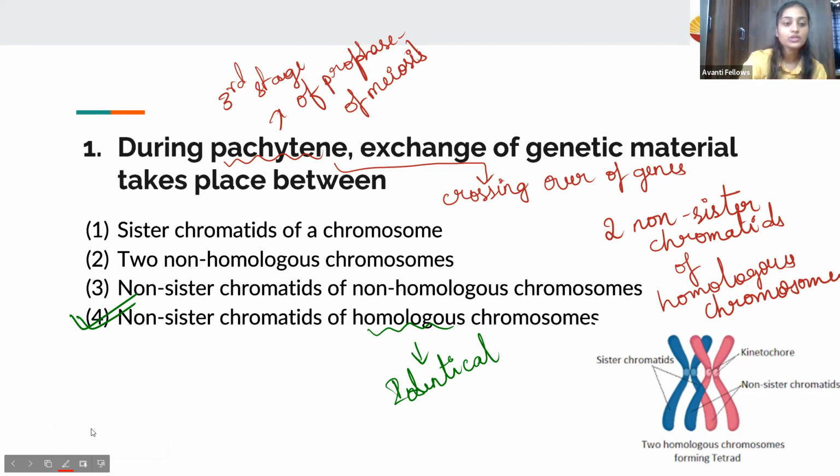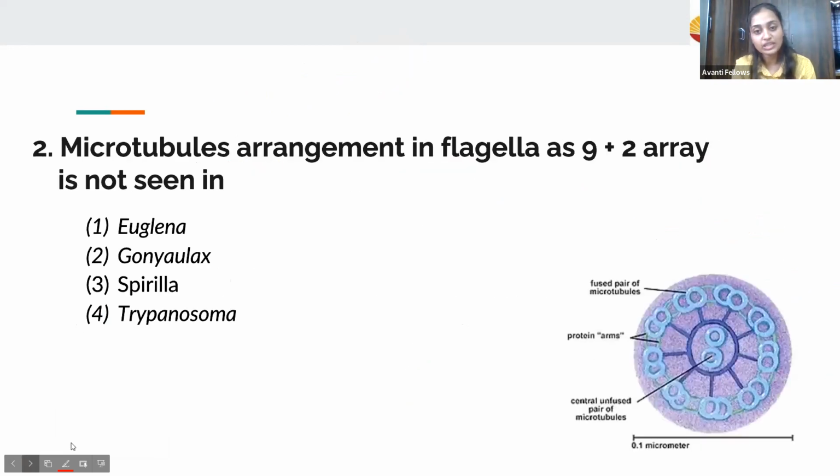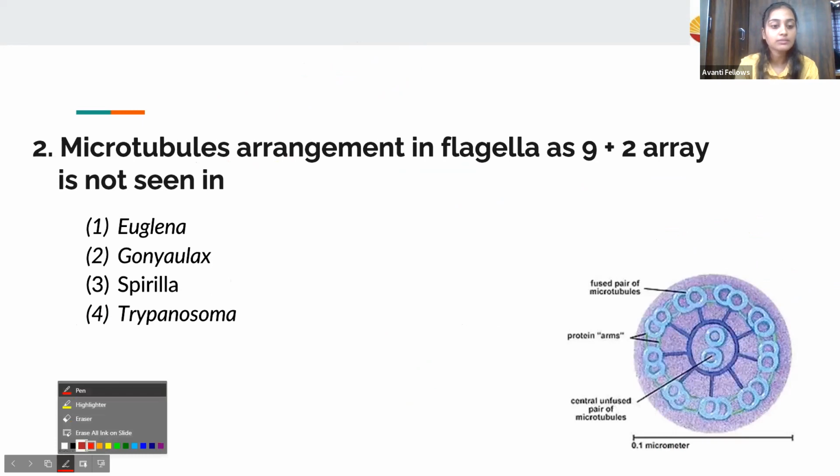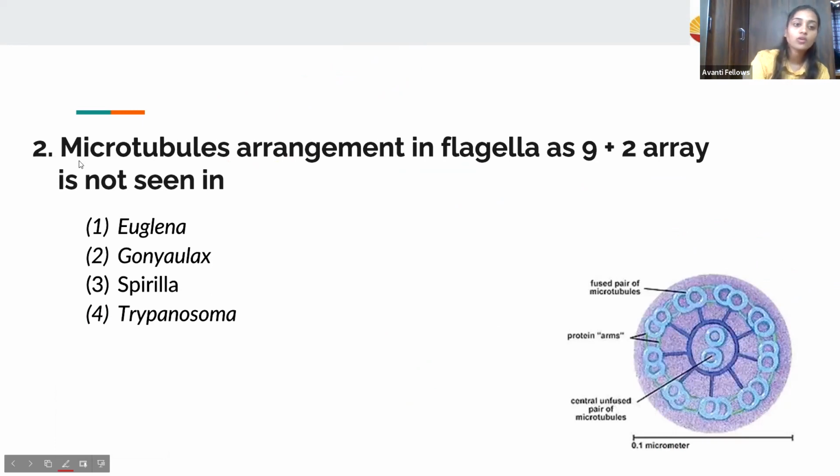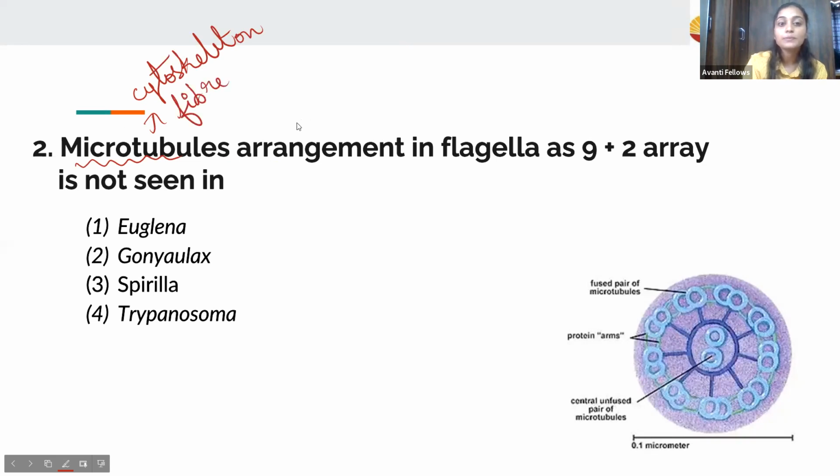The next question says that the microtubule arrangement in flagella as a 9+2 array is not seen in. So what is a microtubule? A microtubule is a type of cytoskeletal fiber which is present in all the eukaryotes.